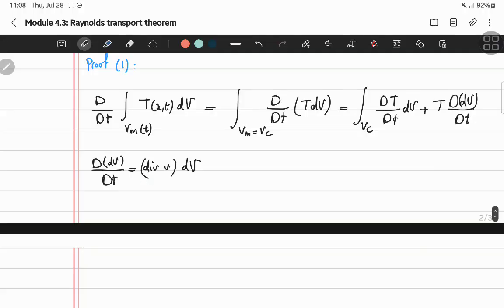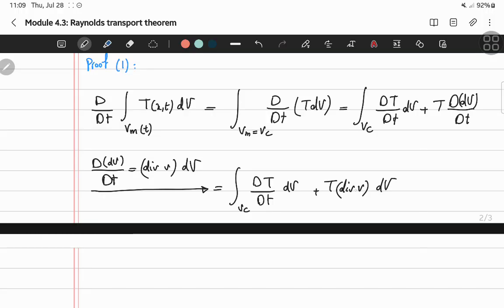So if we replace this into this, then we have the integral of the partial derivative of T with respect to t dV over Vc plus the integral of T times the divergence of v dV. Remember, v is the velocity, this is the velocity gradient, and dV is the volume.